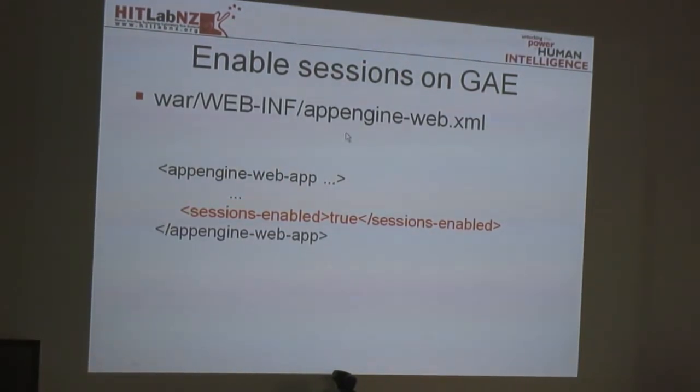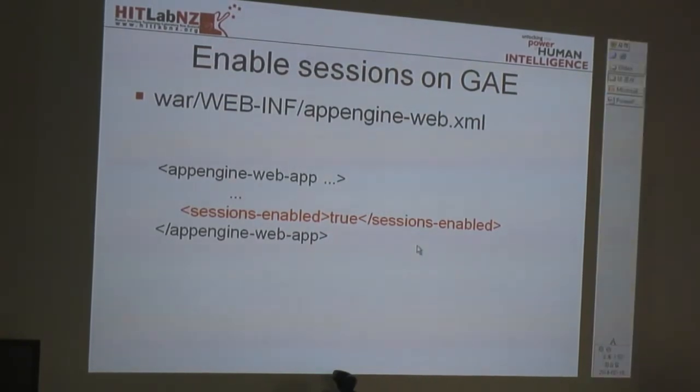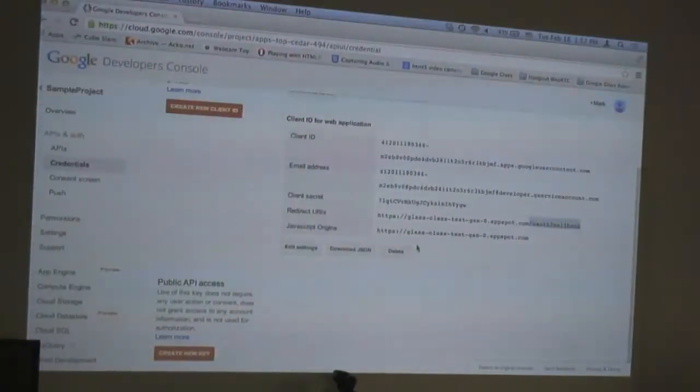So, enabling sessions on GAE: you go to this folder and open up this XML file. There should be a place where this tag is commented out, so you can copy that and bring it out to where it's uncommented.